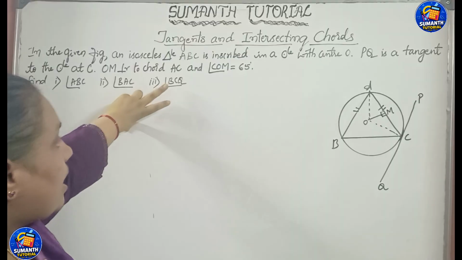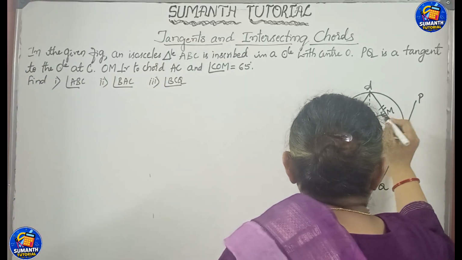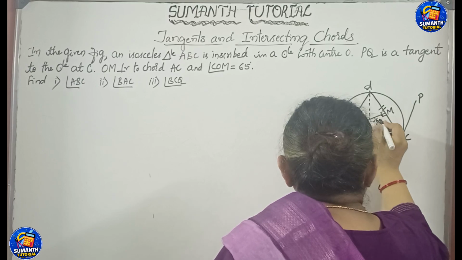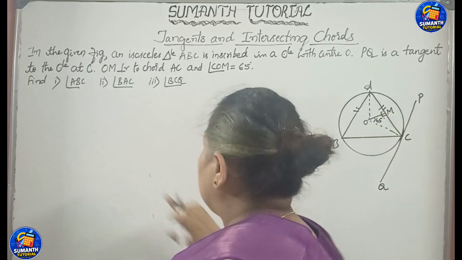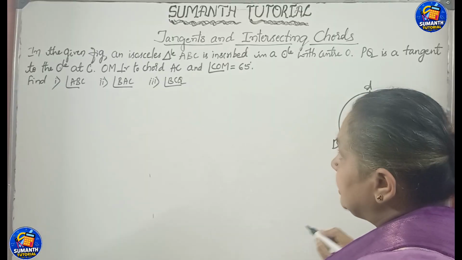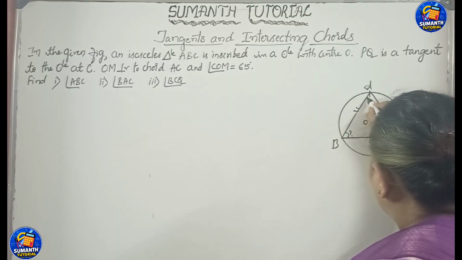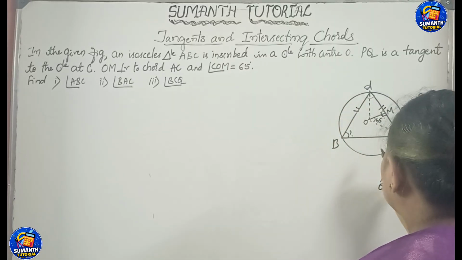Angle COM is equal to 65 degree. Find angle ABC. Second, you have to find angle BAC. And then again you have to find the angle BCQ.